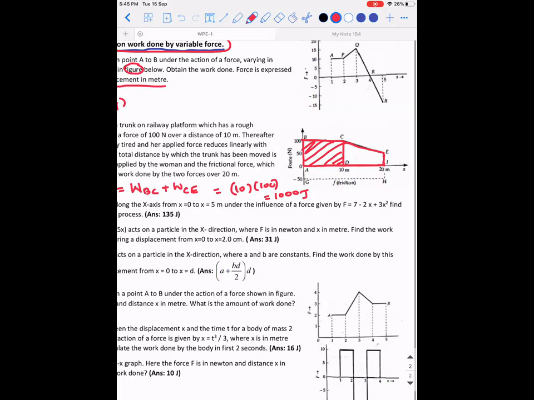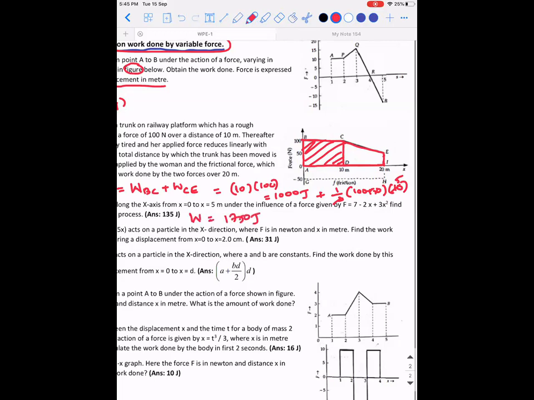Half into, that's right. So it will be 5. So 100 plus 50, 150 into 5 is 750, right? So you have a total work done as how much? So total work done is 1750 joule.